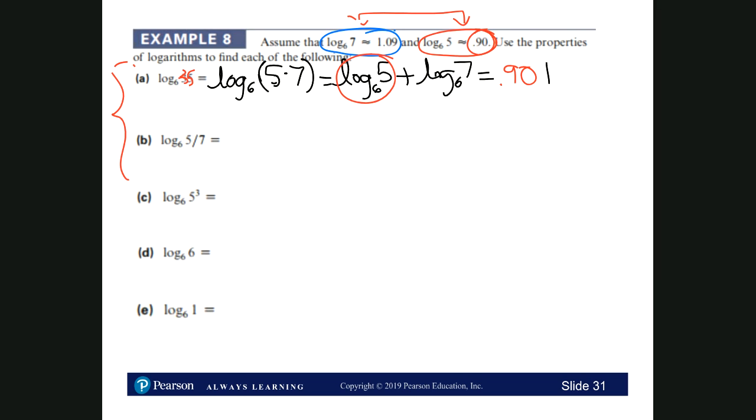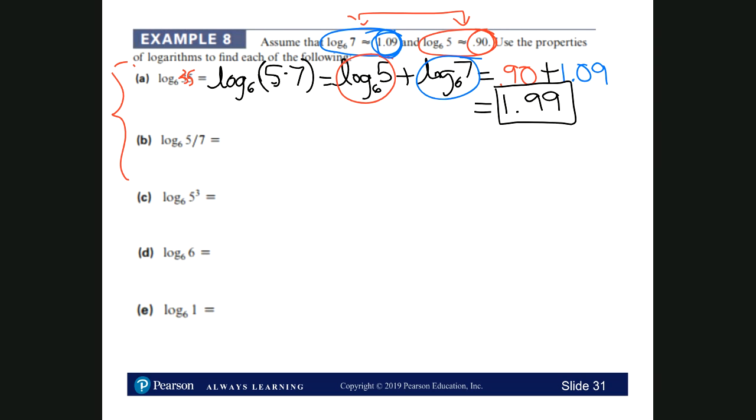Then for the log of 7 base 6, I'm going to substitute that with 1.09. And what I will get from there by adding those two numbers will be 1.99. And that will be the answer to that question.